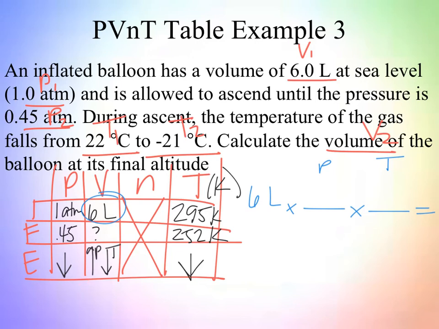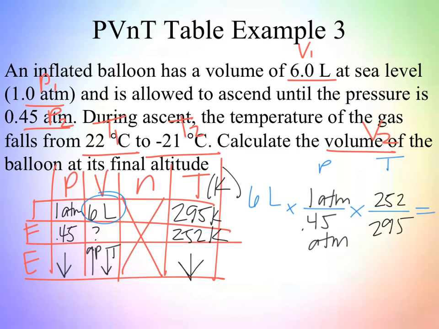That means I need to multiply by a large fraction, so I'm going to put my larger number on top. So 1 atm over 0.45 atm. And then my volume needs to go down due to temperature. So when it comes to the temperature fraction, I need to put the smaller number on top.